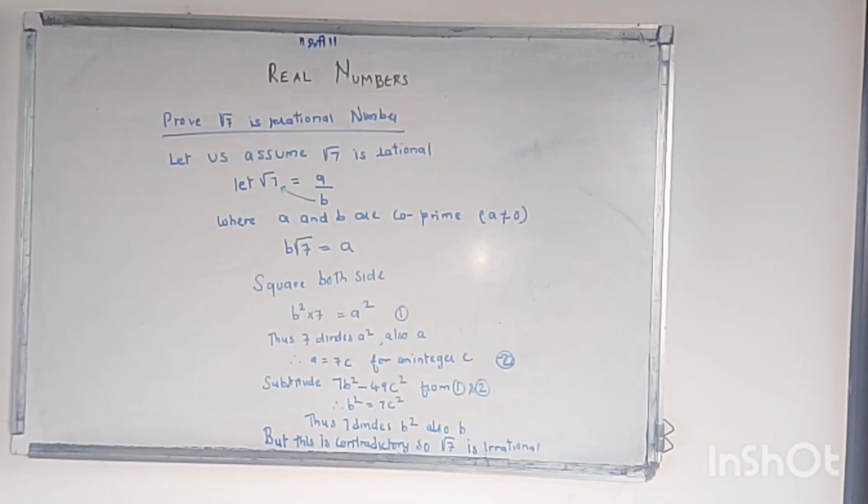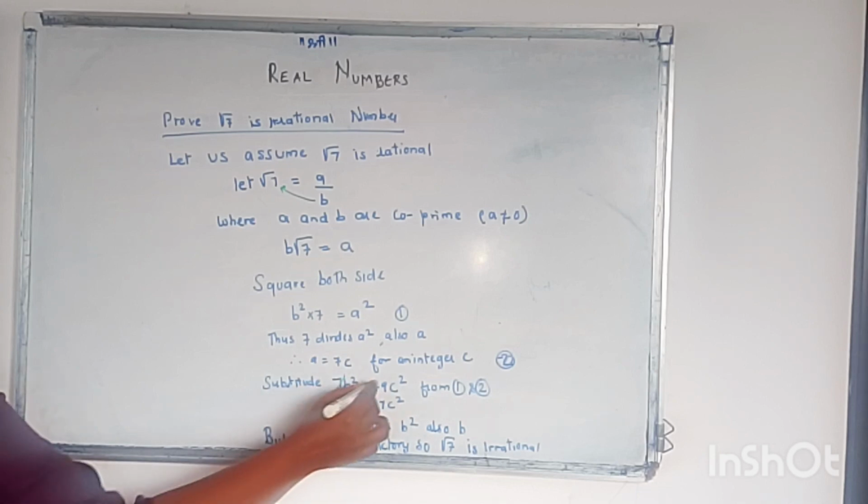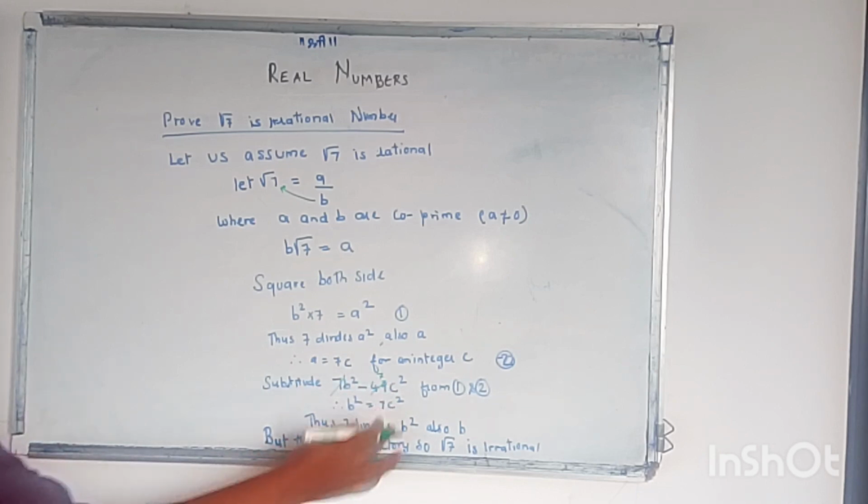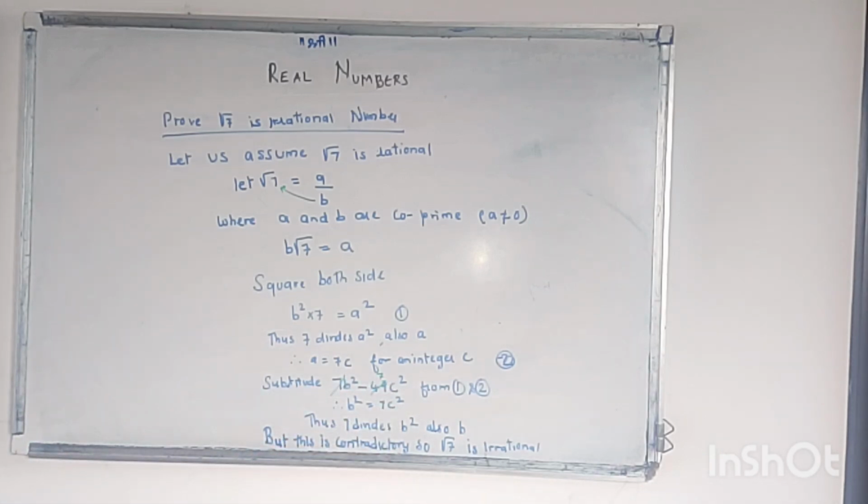Because 7 sevens are 49. Okay, b square can also be written as 7c square, and this 7 and 49 get cancelled. b square is 7c square. Thus 7 divides b square and also b, which is contradictory to our statement where we assumed that root 7 is rational. Hence proved that root 7 is irrational.